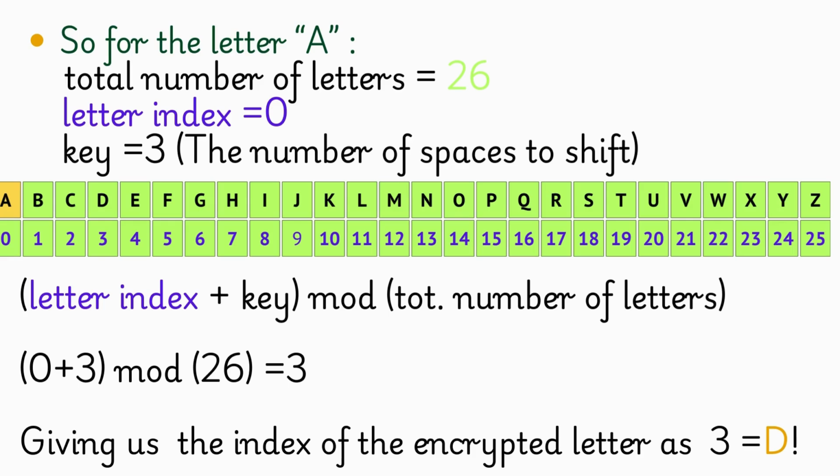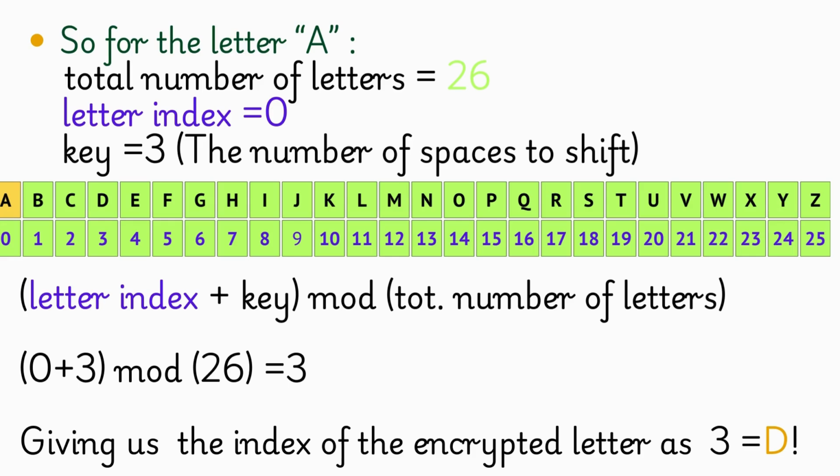So what we now do next is to go to the index, look at the letter that is in index 3, and that is D. And we know that D is going to be the answer. You can pause the video briefly to make sure that you understand this particular process.